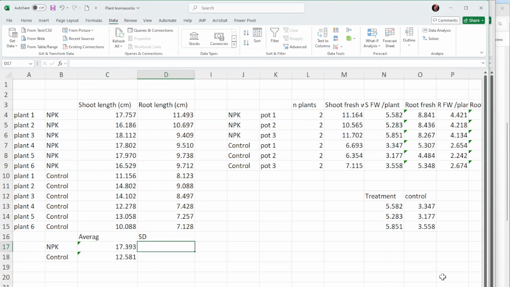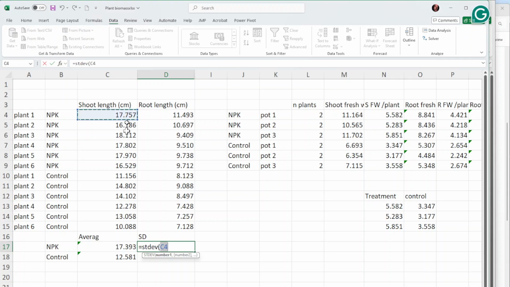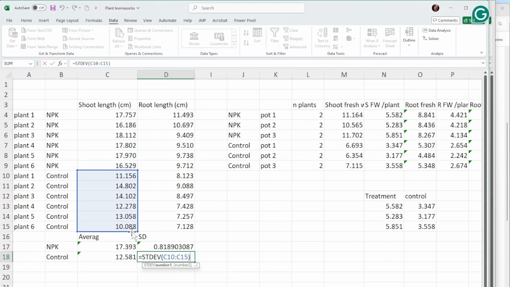And the standard deviation, let's calculate it: equals STDEV, open brackets, and let's select the data from the NPK in this case. We can do the same thing for the control, from the range from the control.